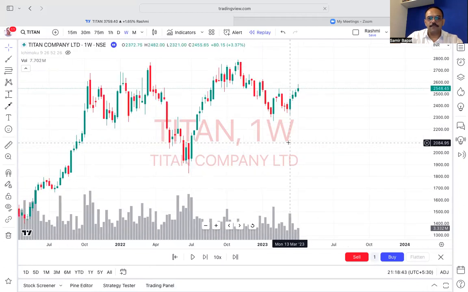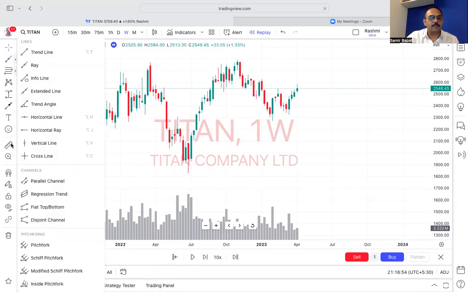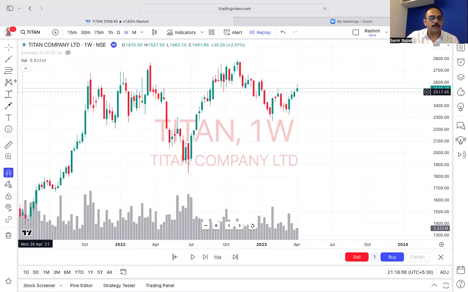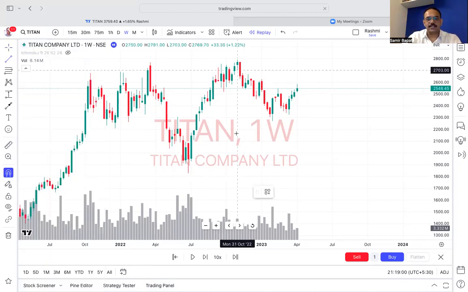Now, another finer point for triangle formation is, if I'm looking at something like this, first of all, am I able to see V's and reverse V's?